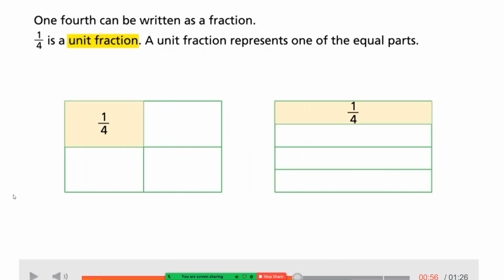So if you have a shape that's broken up into 3 equal parts, your unit fraction will be 1/3. If you have a shape that's broken up into 4 equal parts, your unit fraction will be 1/4. Your unit fraction represents one piece of your total. So the numerator, the top number, will always be 1 when you're working with unit fractions.